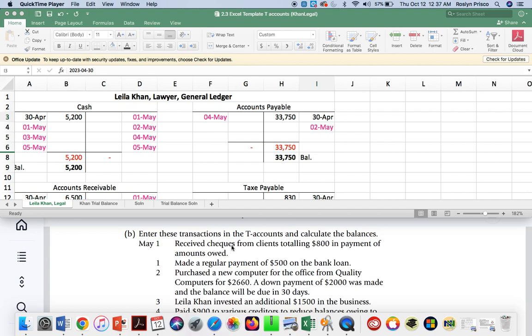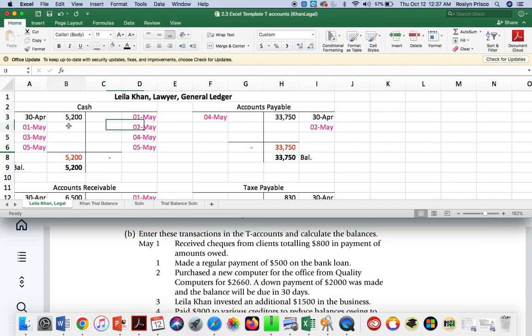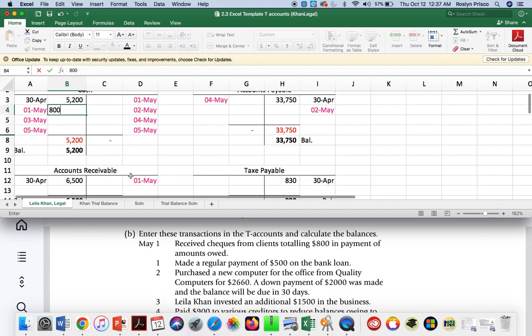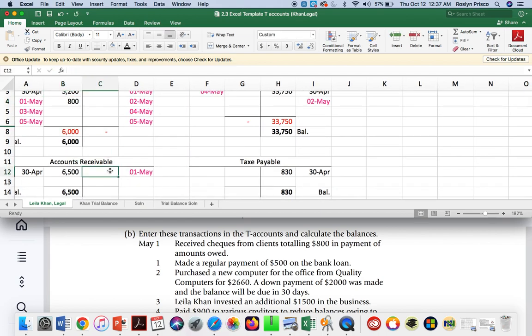If the business receives some checks from clients, that means they got $800 in cash. So the $800 goes on the debit side for cash. And then we know that the amounts that they now owe us have gone down, so that's a credit to accounts receivable. So I'm just entering in those amounts.